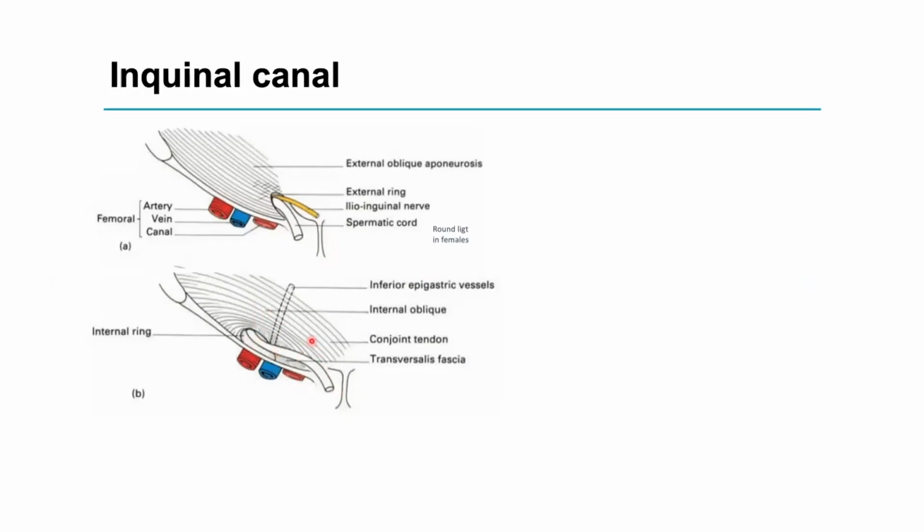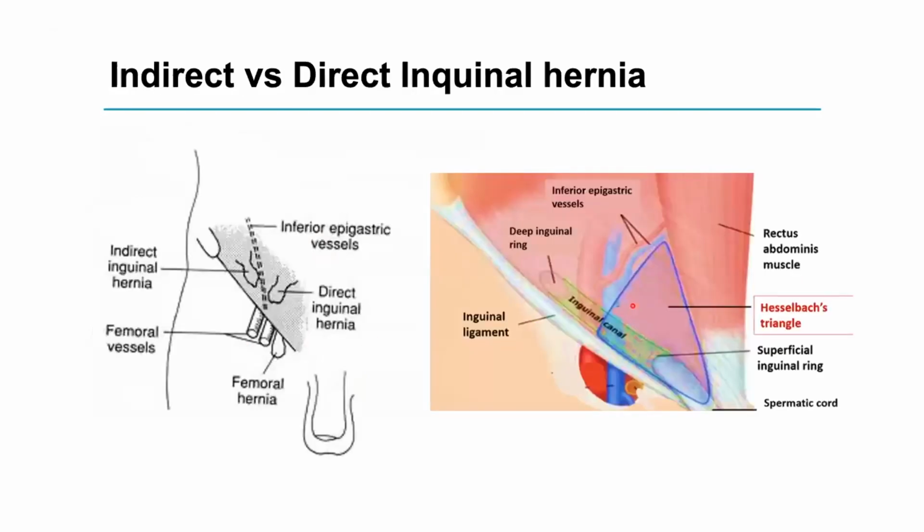A direct inguinal hernia comes directly through here, direct through the posterior abdominal wall. And it comes through this area we call Hesselbach's triangle, okay? Inferior epigastric vessels, rectus abdominis, inguinal ligament, inguinal canal. Again, inferior epigastrics: indirect inguinal, lateral; direct inguinal, medial.